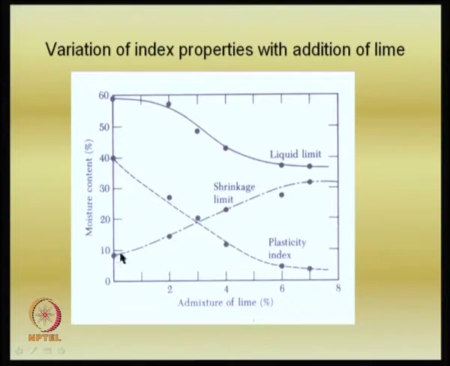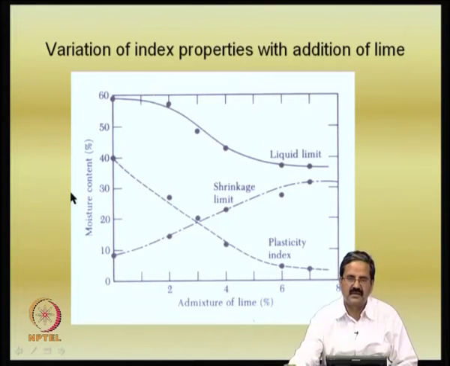Then the shrinkage limit is increasing. As I just mentioned, the particles which have a parallel plate arrangement, for example bentonite, will have a very high water content and a very low shrinkage limit also. So, for example, 9% is a too low value; normally you will have some 15, 20 something like that, even for a shrinkage limit.